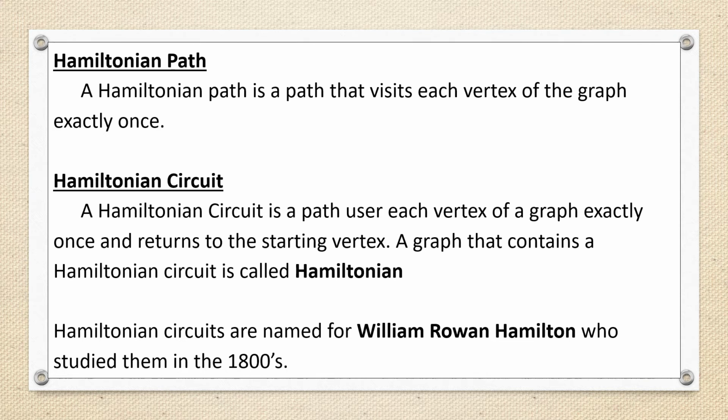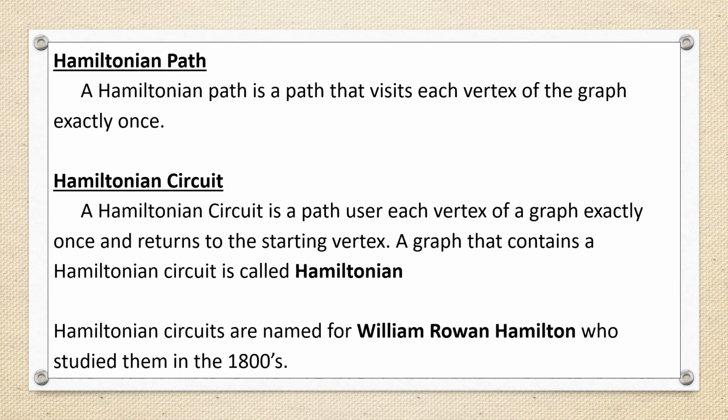Okay? Again, sa Hamiltonian path, we have to use all the vertices in the graph exactly once. Isang beses lamang natin pwedeng gamitin ang mga vertex sa graph ng isang Hamiltonian graph. Okay?